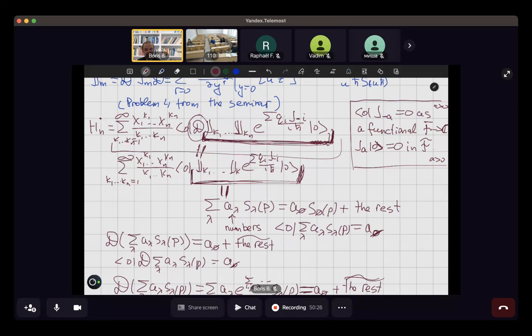So again, the next product appears when we commute these pluses with these minuses in these n pairs, and we obtain what?